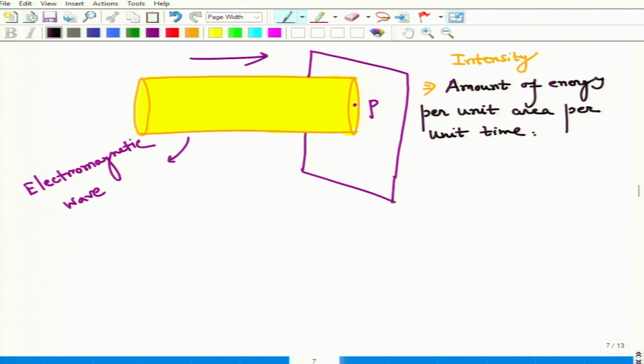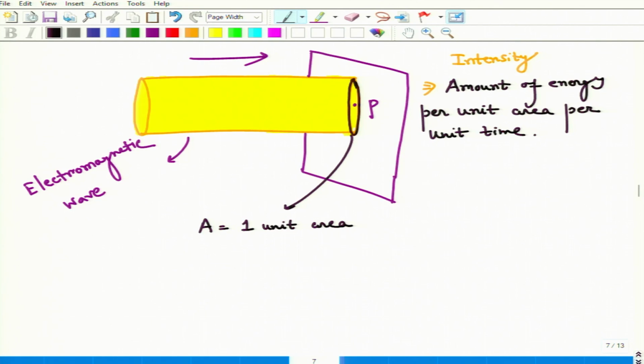Let's say this surface area is the unit area. It may be in CGS or SI, but it is one unit area.